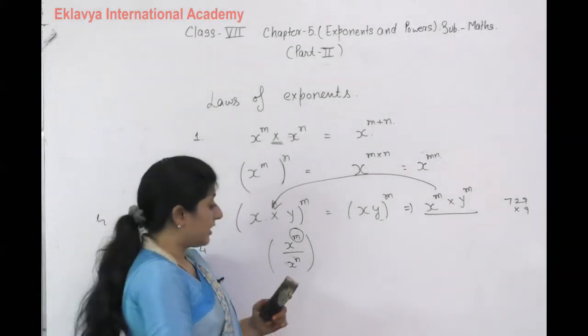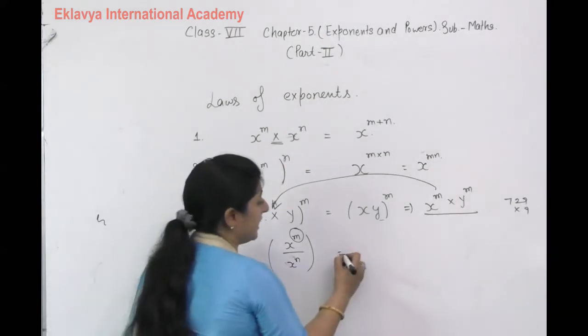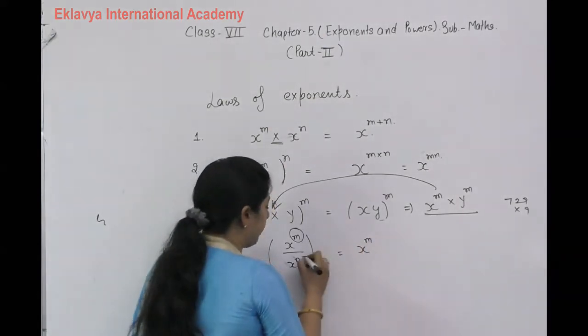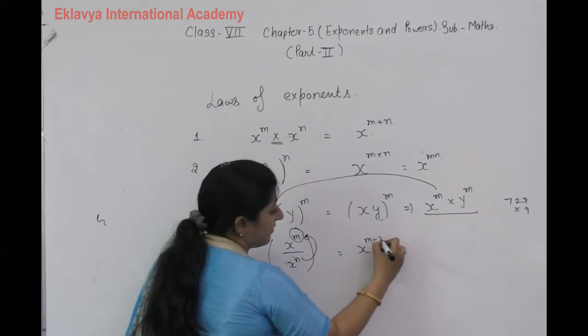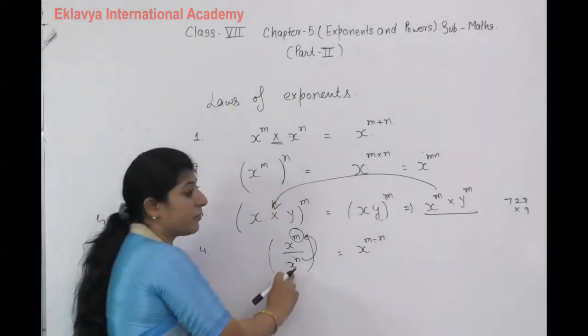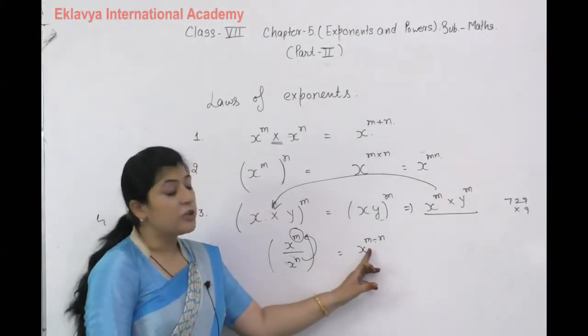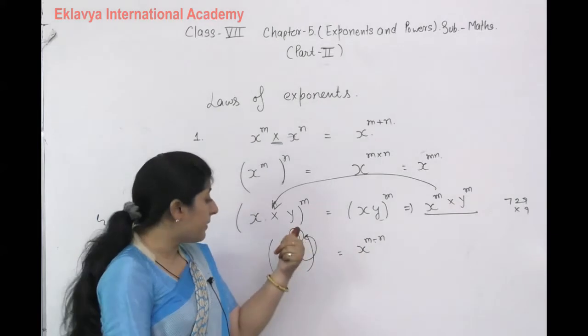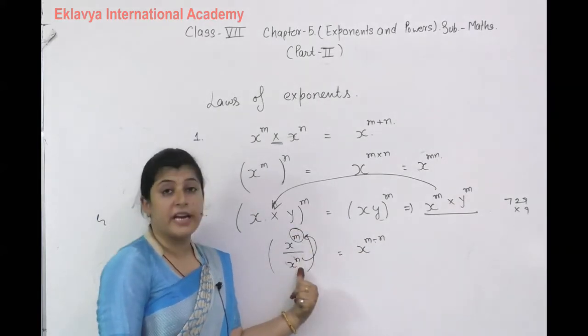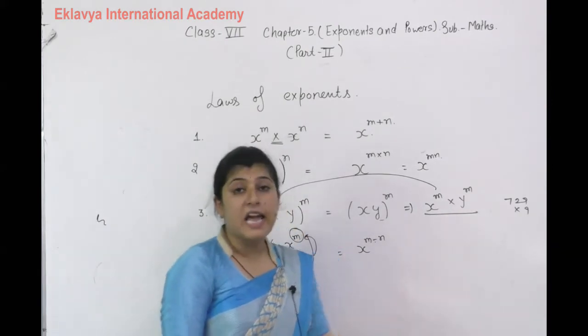Now we will get m minus n factors. In division we subtract the powers. The denominator power is subtracted from the numerator power. Then x power m upon x power n is equal to x power m minus n.